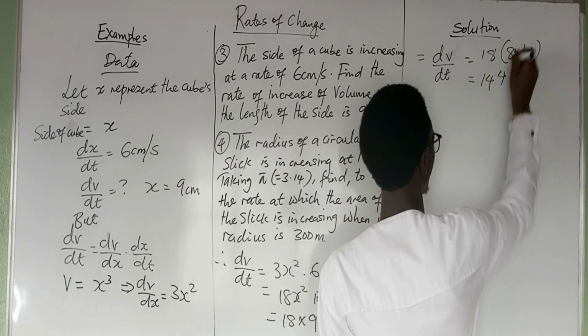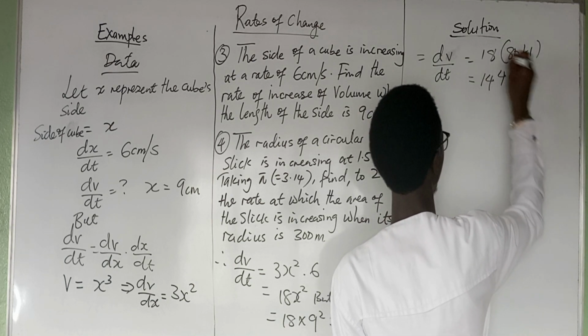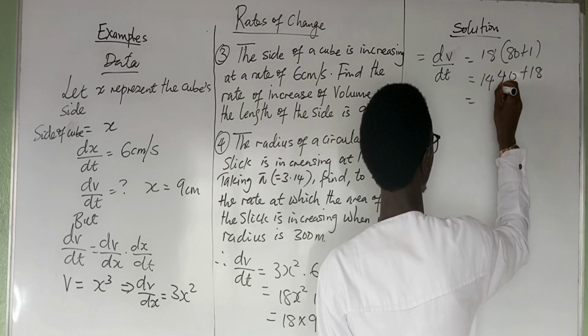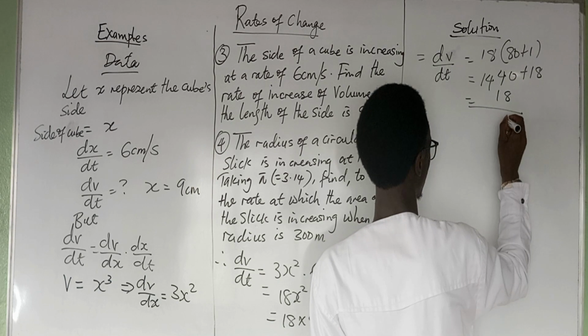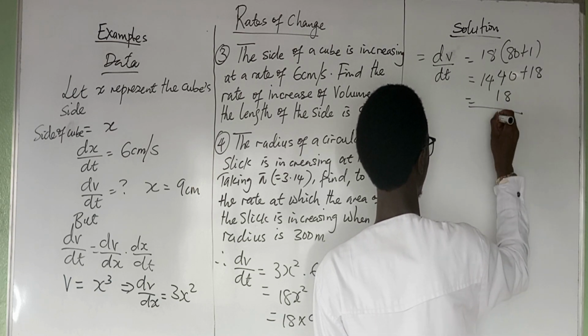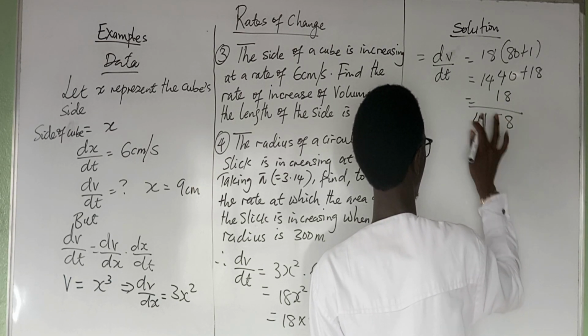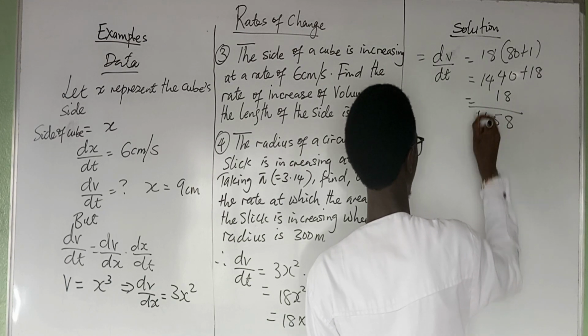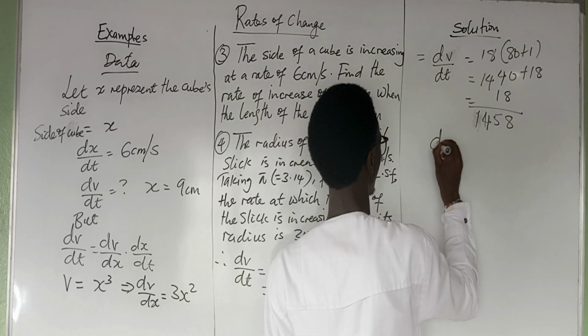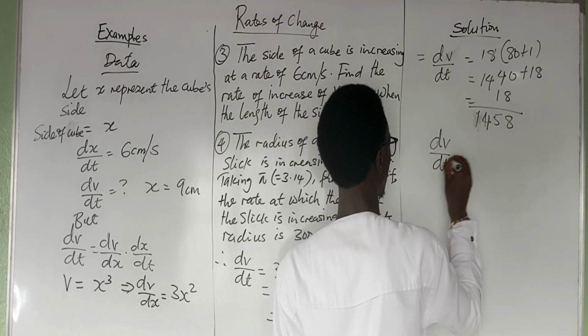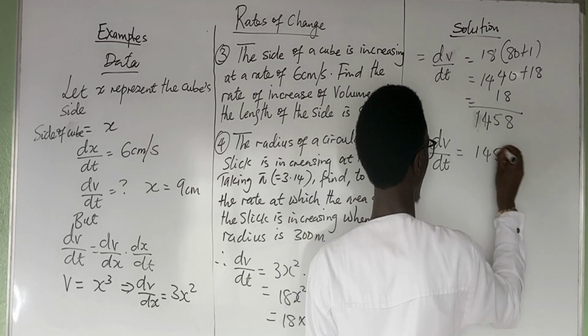So 144, then we add the 0, plus this 18. Just put the 18 here and make your life so easy. Therefore our dV over dt must equal 1458.